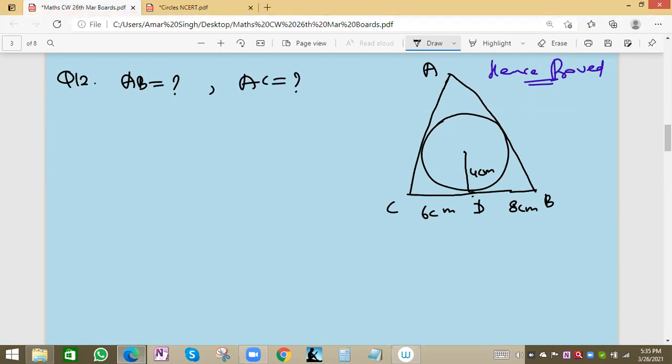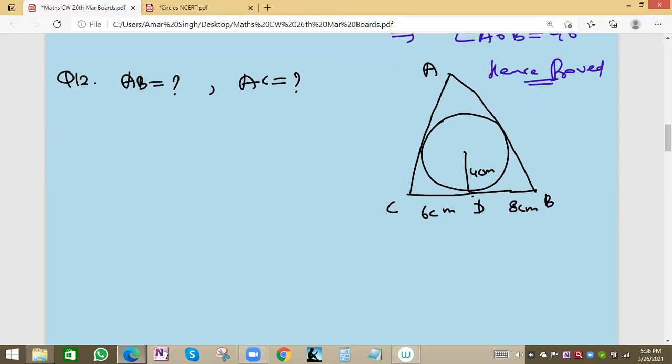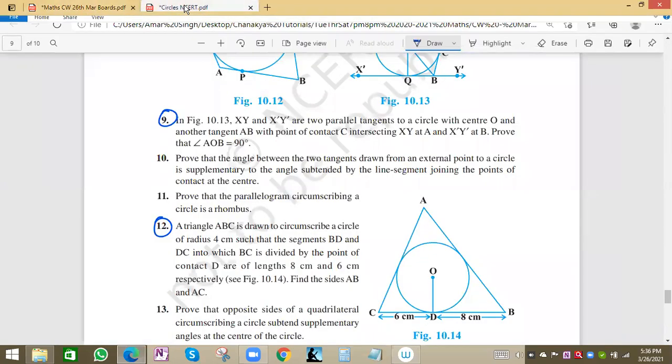Circle is given, and D is one point on BC such that BD will be equal to 8 centimeter and CD is 6 centimeter, and BC will be tangent to the circle. We have to find AB and AC. This is the only diagram.